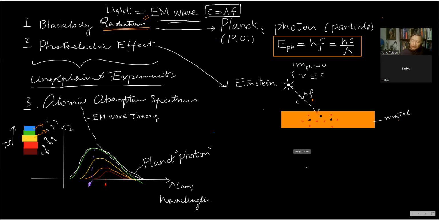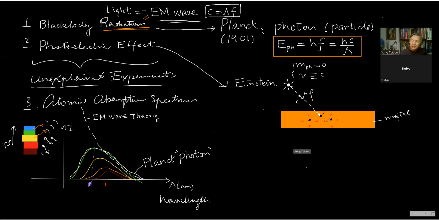So the photon comes in and collides with this electron. What happens is that the electron will gain this energy. With this energy, the electron can fly, can escape. So basically, Einstein thought that is why the electron will jump out. You can use the green color, maybe more realistic.